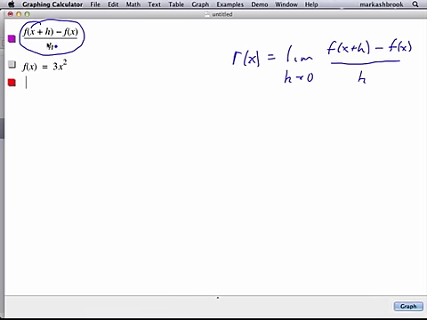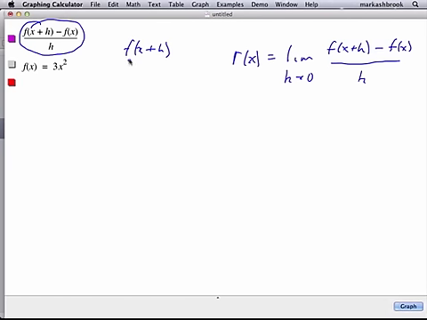What's the input represented by f of x plus h? How about Kirsten? What's the input for f of x plus h? Okay. Dalton? Remember back when we talked about symbolic notation for functions?